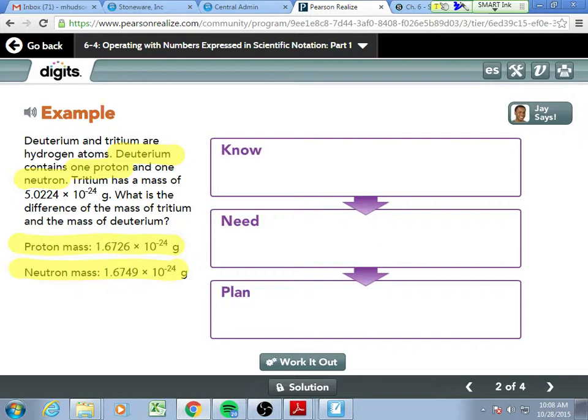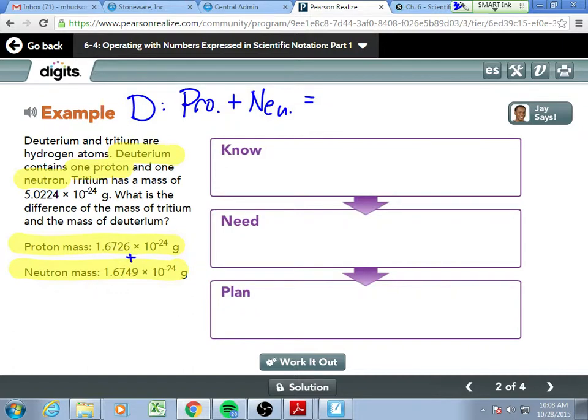So how could we find the mass of deuterium? Olivia? We add them, right? We take a proton plus a neutron. So we really are just going to add these two values right here.